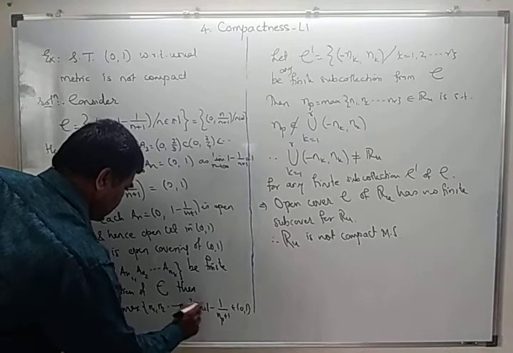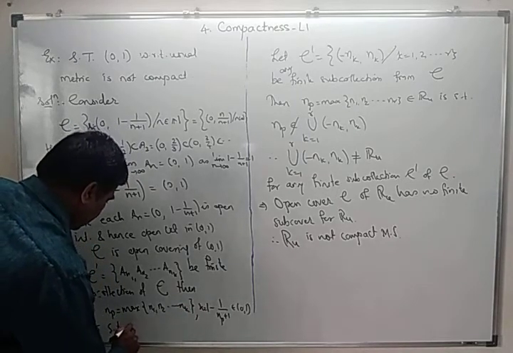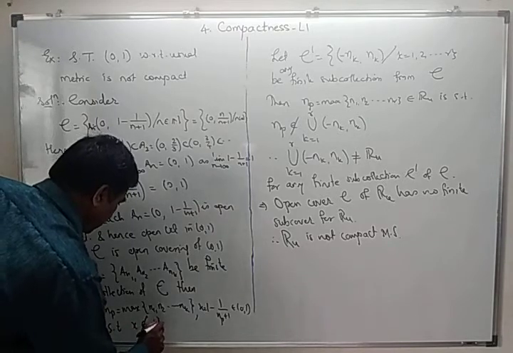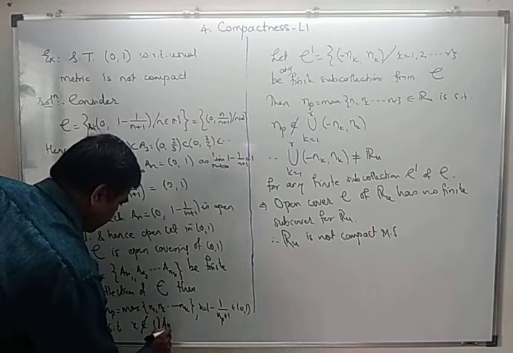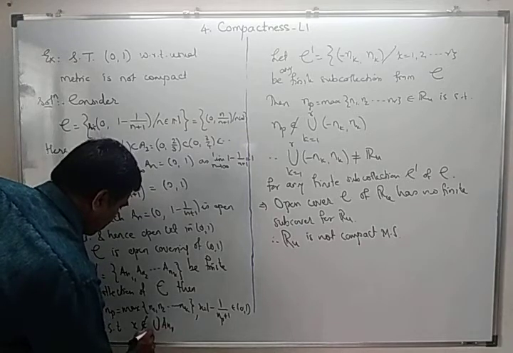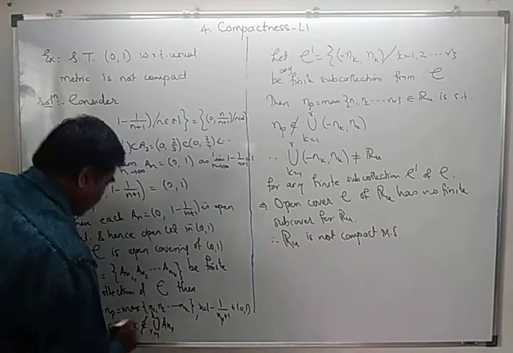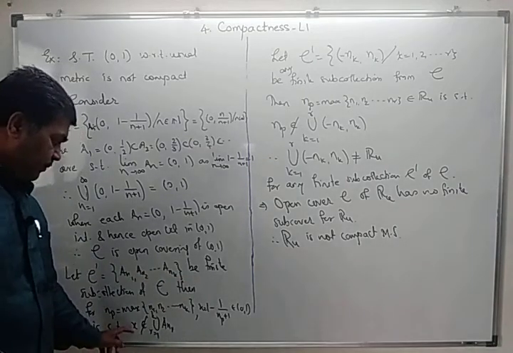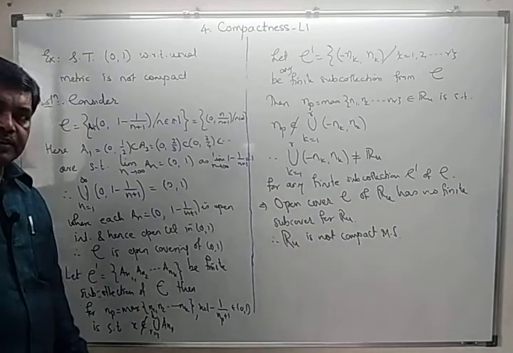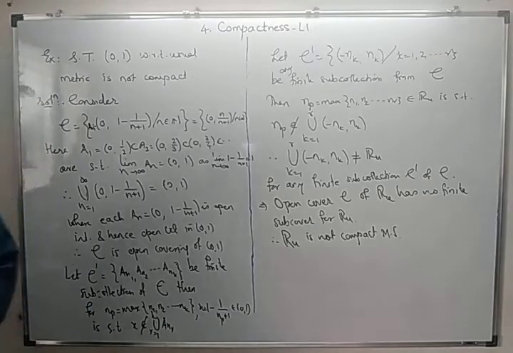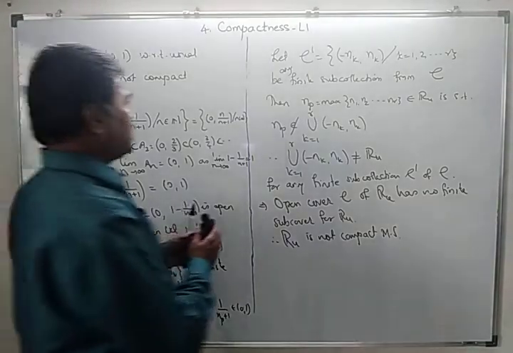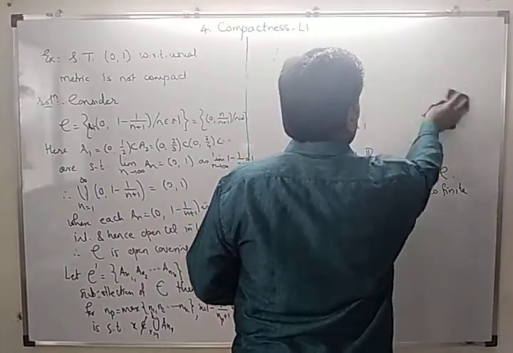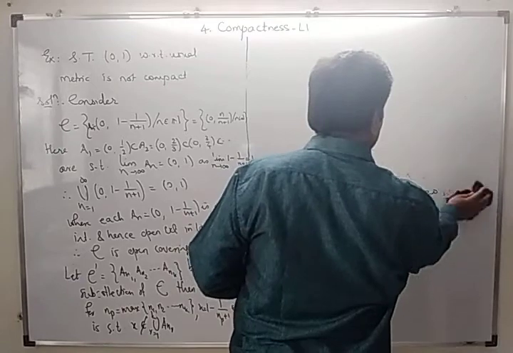This is my x, such that x doesn't belong to the union of A_nr, r equal to 1 to k. So it is a member of (0, 1), but it doesn't lie in this union. This implies C dash doesn't cover the open interval (0, 1).